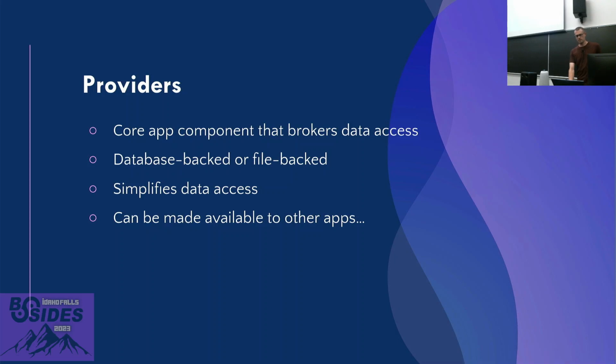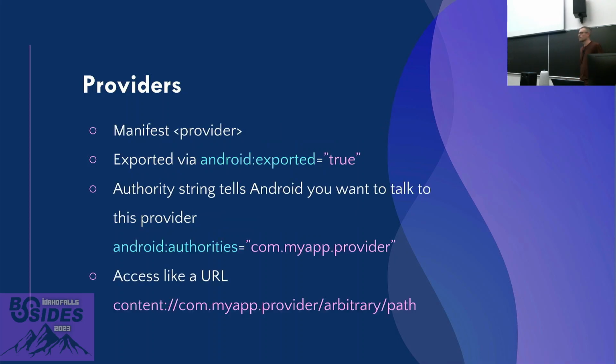And they can be made available to other apps. They can be exported, which as a vulnerability researcher is of interest to us. If you're looking through the Android manifest, you'll find providers with the provider tag. And similar to activities, if they have the android:exported equals true attribute, then that means any application can talk to them. Providers also have a value called android:authorities.